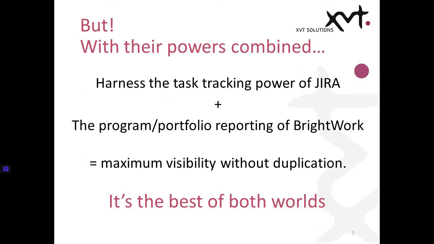But when we combine the task tracking power of JIRA with the program and portfolio reporting in BrightWork, we get maximum visibility without duplication. It's the best of both worlds.